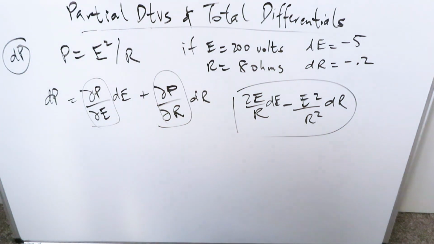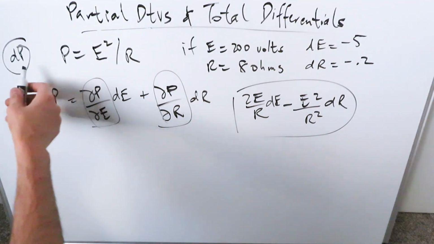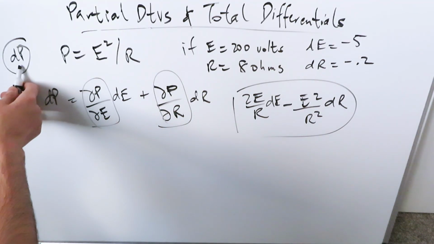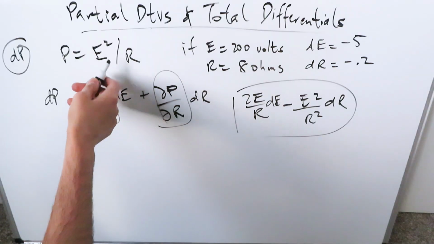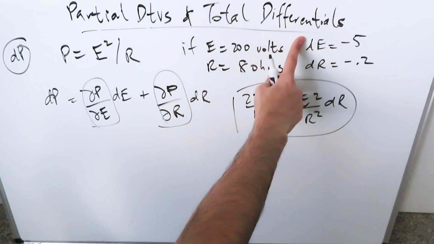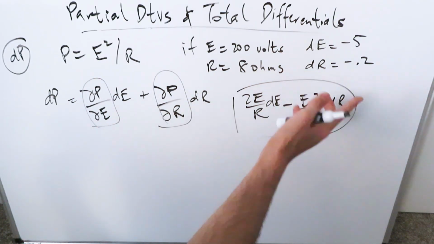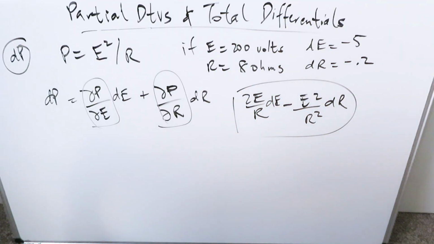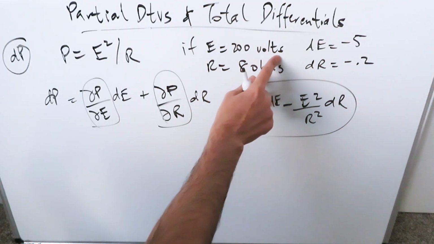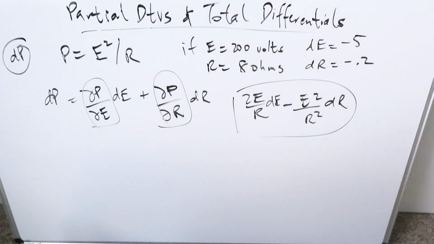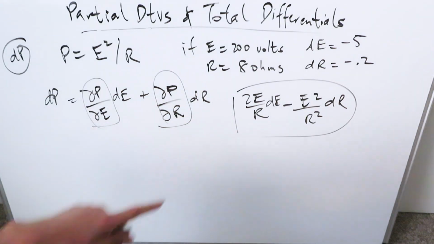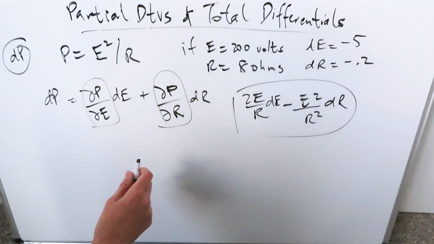Now plug in your items. We're determining by how much the power of this system is reduced if the e value was dropped and the resistance was dropped. Dropping resistance is actually a good thing, but dropping the voltage is not necessarily a good thing because you have less coming through. Now how will we compute this?